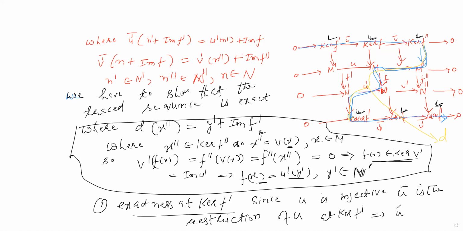This means u bar is injective. So therefore the sequence is exact at kernel f dash.